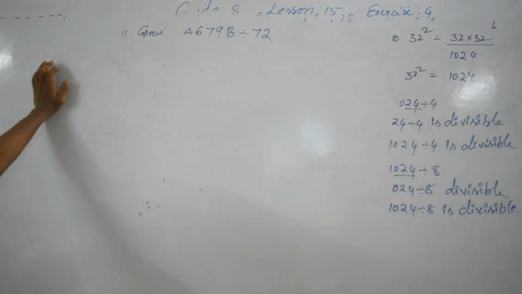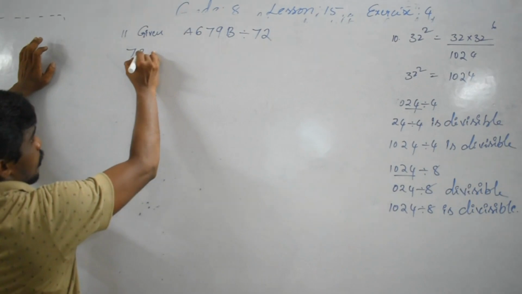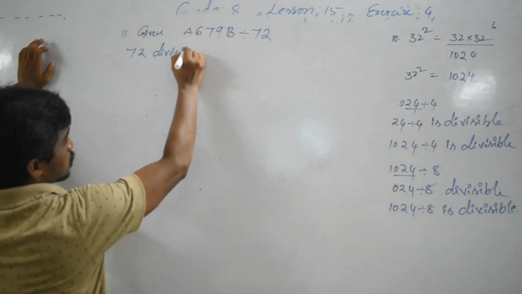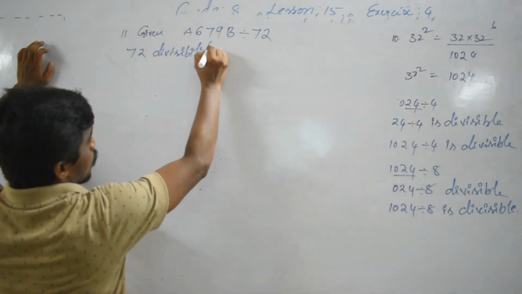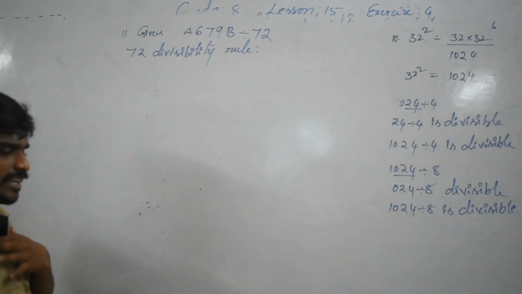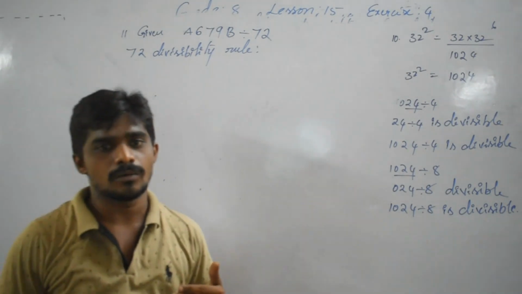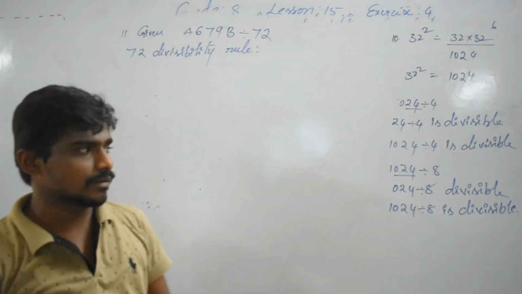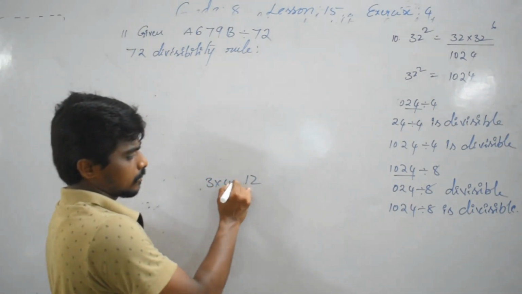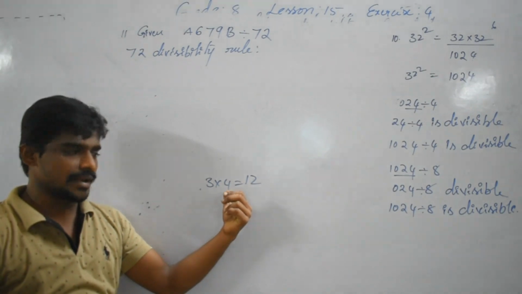What is the 72 divisibility rule? Easy, any number's divisibility rule. 1 to 10 numbers we know, 11 too. Now what is the 12 divisibility rule? 3 4s are 12. So the number must be divisible by 3 and by 4.